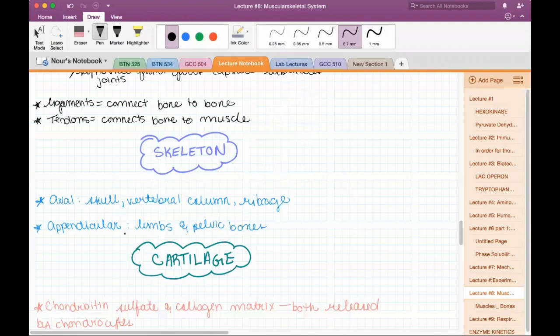There are two ways you can see the skeleton: the axial, which is where the skull, the vertebral column, and the rib cage are, and the appendicular, where the limbs and pelvic bones are. So think of the center of the body as the axial, and the appendicular is basically your arms and legs, like the appendages.